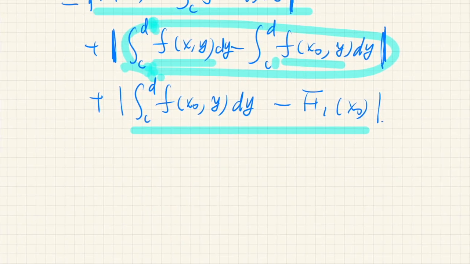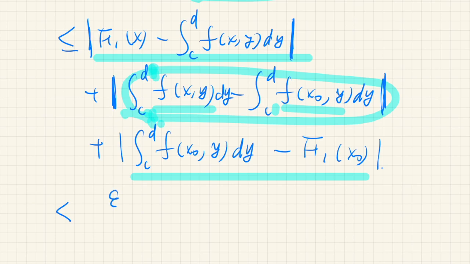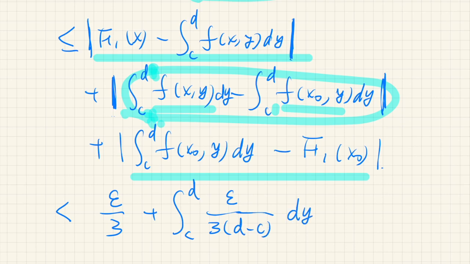So we have this is less than epsilon over 3 plus the integral. We move this integral inside, and inside that is less than epsilon over 3 times (d minus c), dy, and epsilon over 3.